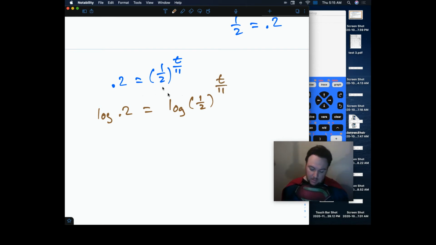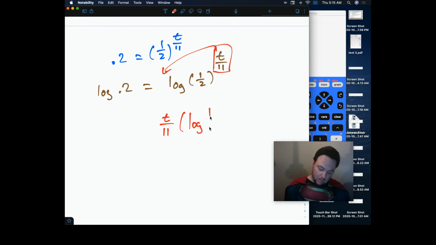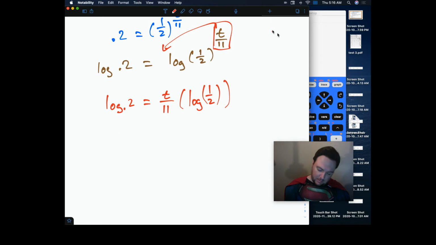Now, the reason why I didn't want to use this is we didn't really talk about this rule, but we're going to just do it right now. When you raise something to a power, you put it in front. So this becomes t to the 11th times log 1/2 equals log 0.2.